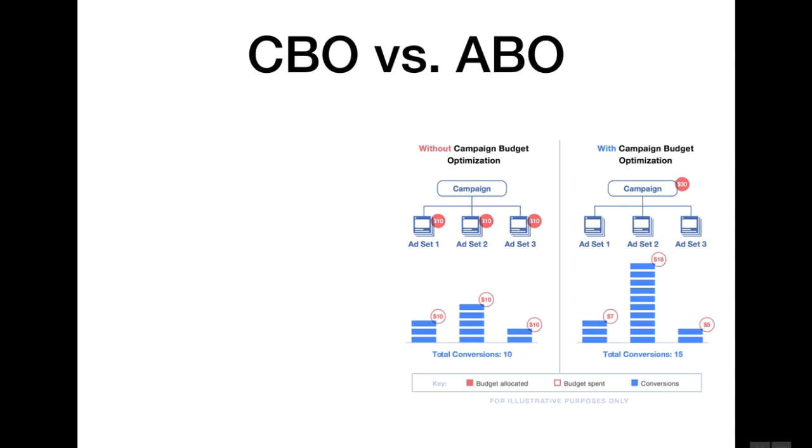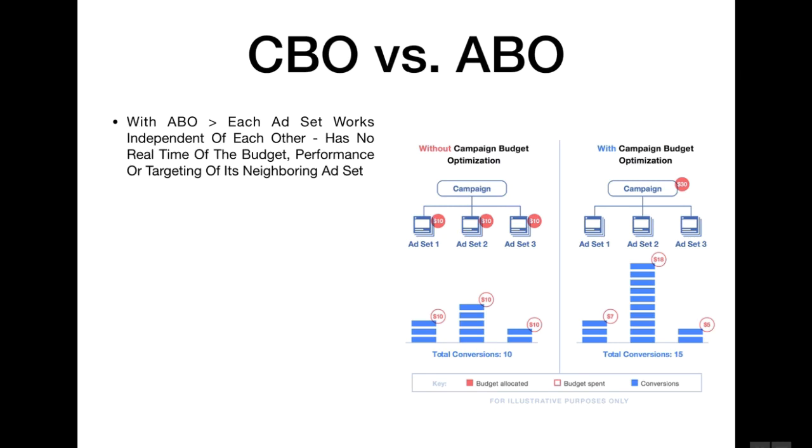On the right hand side, you have campaign budget optimization, and on the left, without it. Okay, now with ad set budget, if you set up your budget at the ad set level, which by the way is going to disappear, at the time of this recording, early next year in February, I think, and the only way to go is going to be campaign budget optimization.